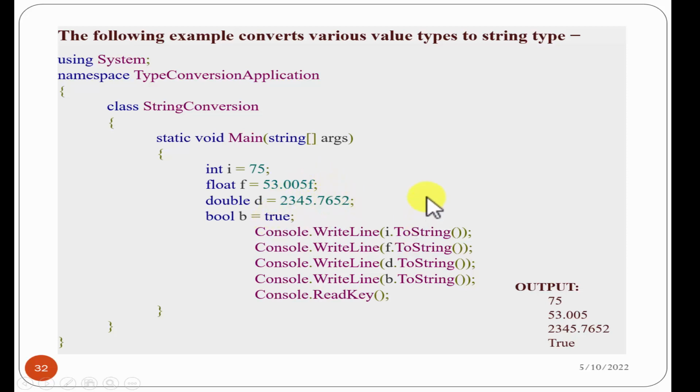In long we need L. So only with float and long we have to add specific characters at the end of the value. So don't be confused with it and don't get a wrong idea about this. The f is used only to show the compiler it is a floating point number. If I am not using f here, it will directly consume 8 bytes of memory and be converted to double. So you should be careful about this.